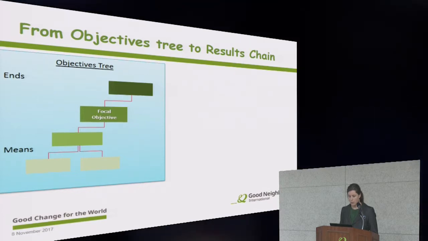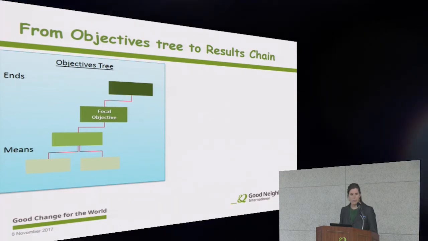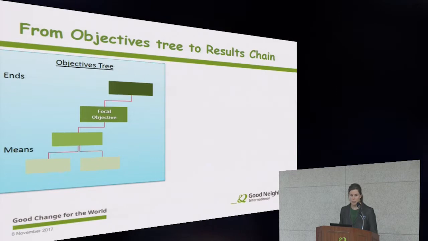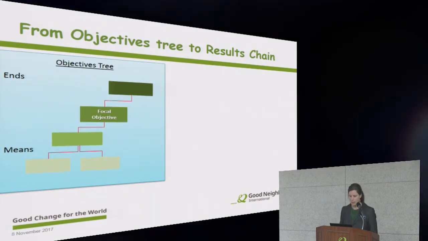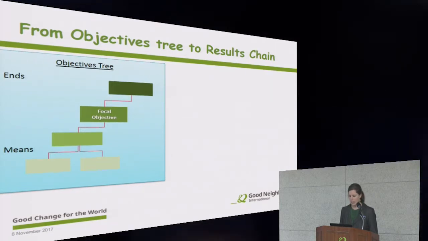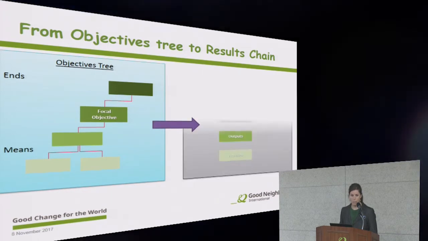While you use stakeholder involvement to develop the problem and objective trees, at this point it's helpful to have a much smaller team, project managers, sector specialists, M&E specialists, and take the results from the objective tree and analyze and refine into a results chain.